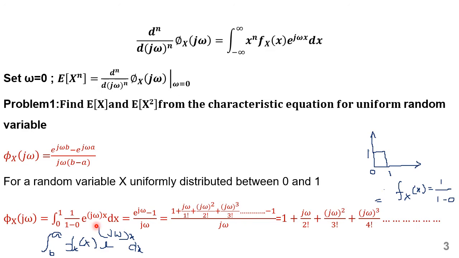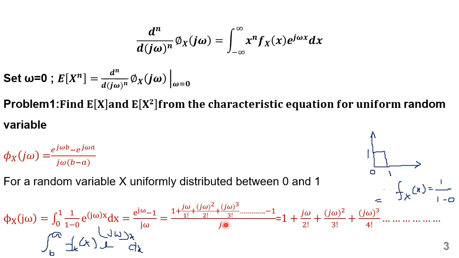When you integrate this, you get e to the power j omega minus 1 divided by j omega. You can expand e to the power j omega as 1 plus j omega by factorial 1 plus j omega squared by factorial 2 plus j omega cubed by factorial 3 and so on, and then subtract 1.